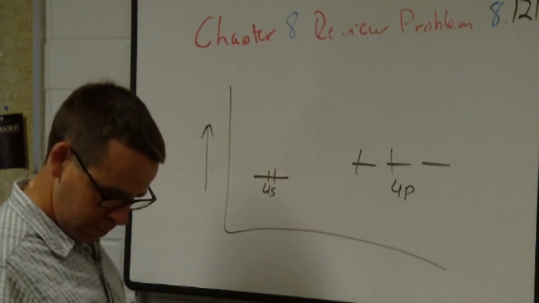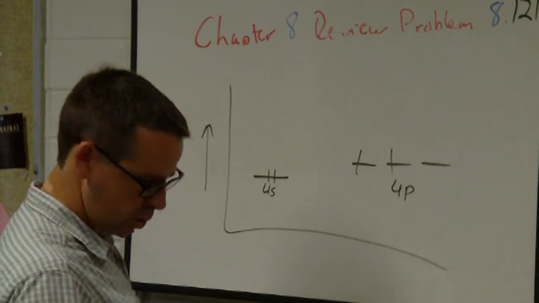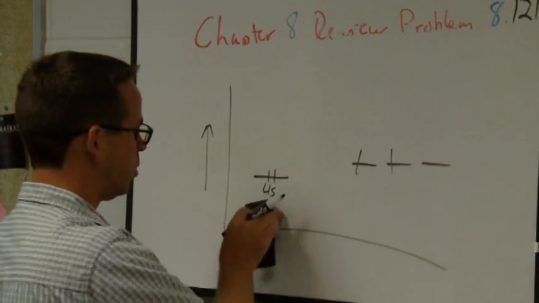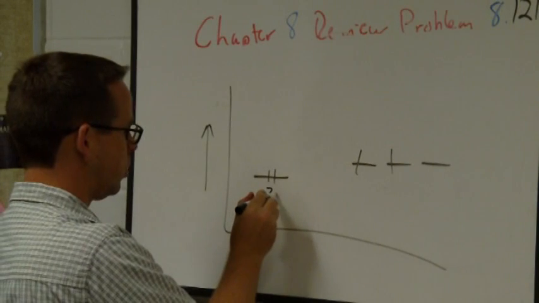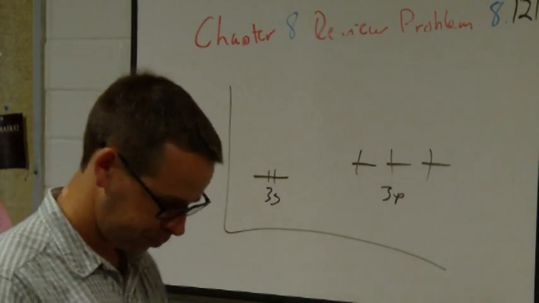That's for germanium. For phosphorus, 3s2, 3p3. All right.